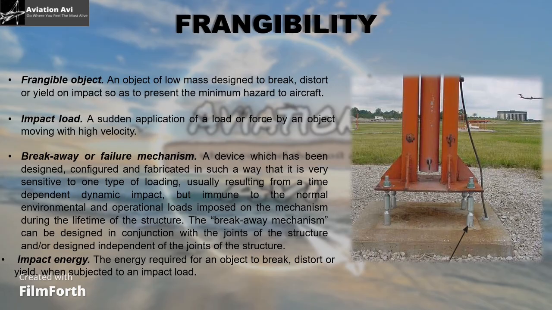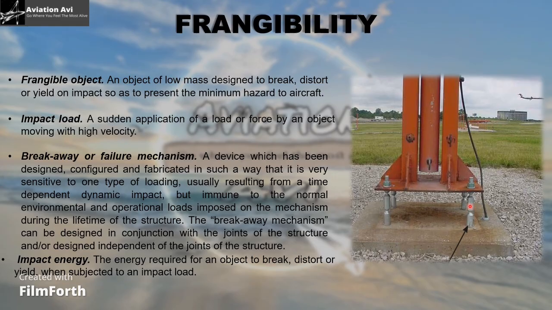So in this diagram, here you can see the design of the bolt. It is not the same at the top and at the bottom. Here we have introduced this cut. This cut helps these bolts to shear off on an impact load.